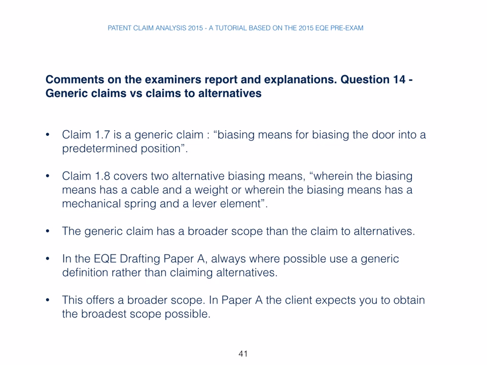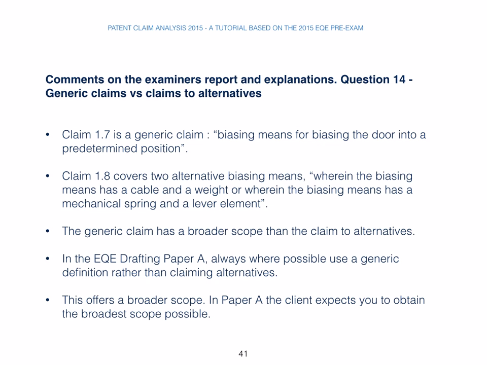For example, in the 2014 mechanical drafting covering the nutcracker, the two support members were connected by rods or tubes, in other words, alternatives, that could be claimed as such as alternatives or covered by a generic term like elongated connecting elements. Always prefer the generic term for your main claim, and for the main dependent claims, you can claim the alternatives in a dependent claim following a generic claim.